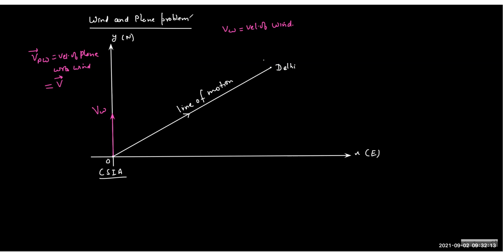So imagine if you want to reach here, and you try to move this way, what will happen? You would land on the right hand side of the airport. This is not a thoughtful decision, so it's dangerous. So we need to think of the line of heading something like this. Why? Because the plane's velocity is very large. The VW wind is very small compared to the V plane.